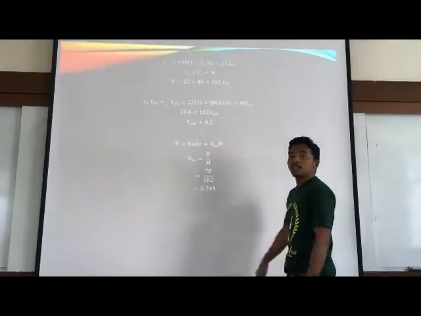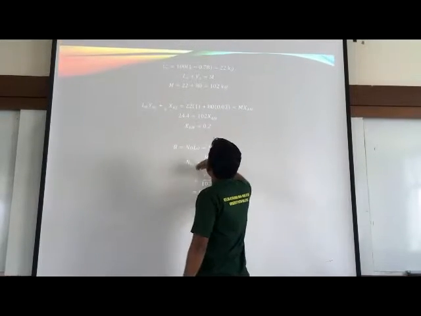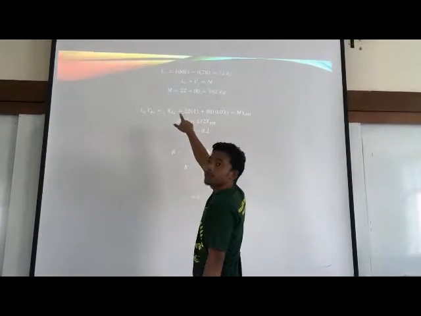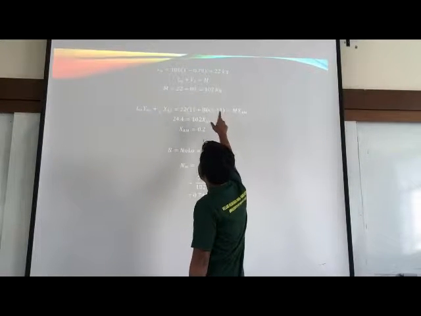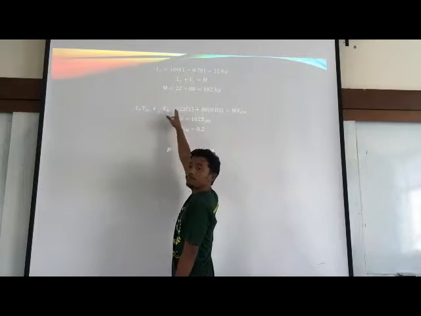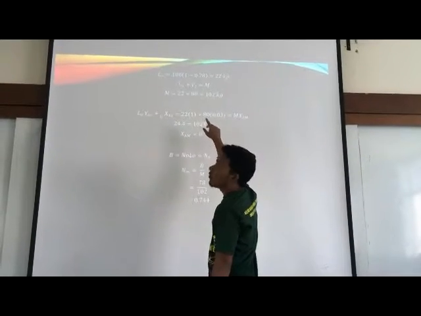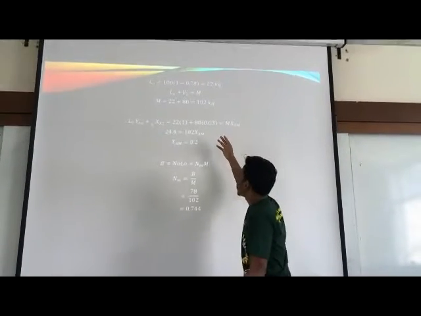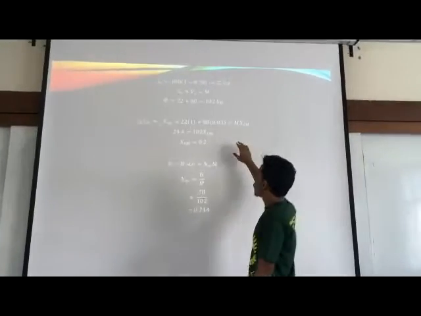Okay, from the formula that I showed you just now, we can calculate L0. L0 we get 22 kg, and we want to find M. So from the formula we have L0 plus V2. V2 is given and L0 we just calculated, so we get 102 kg. Okay, and this is also a formula.